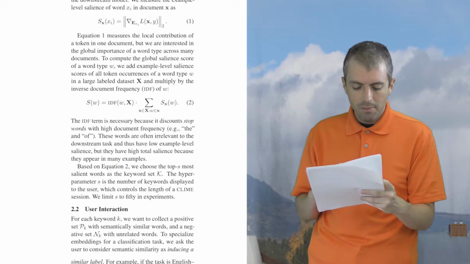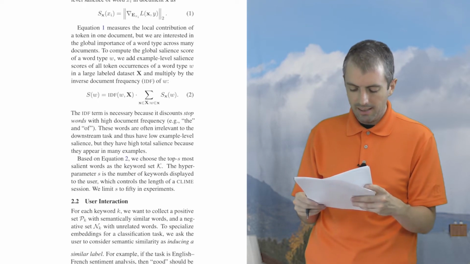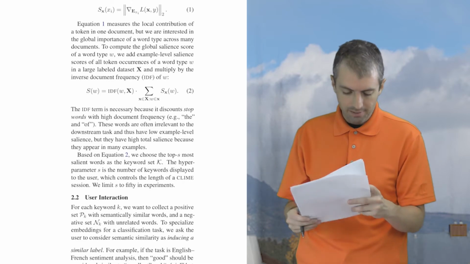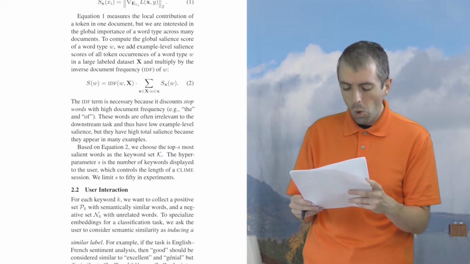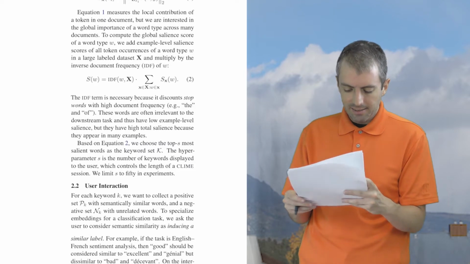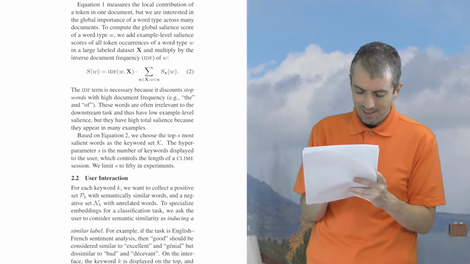The IDF term is necessary because it discounts stop words with high document frequency, for example, the and of. These words are often irrelevant to the downstream task, but they have high total salience because they appear in many examples, some of which are salient.